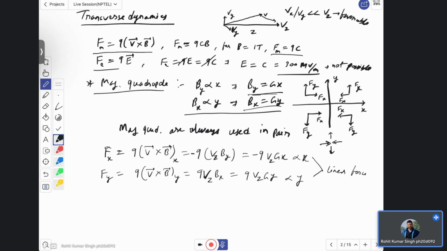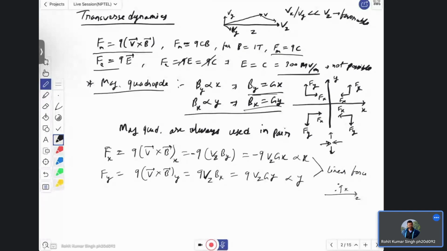What does this mean physically? Suppose we are using a quadrupole to focus a beam. It is in our favor because, suppose this is the beam line z axis and a particle is here at a distance x, another particle is here.